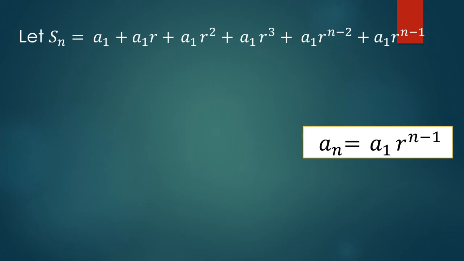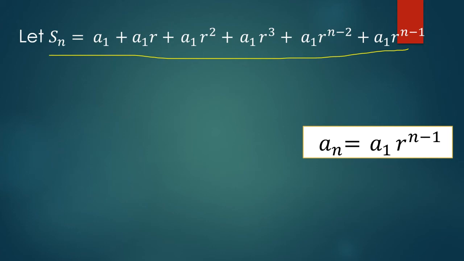Let us now try to determine the formula for the geometric series. We know that the equation for the geometric series is this one. We have discussed previously already why the equation of the geometric series is like that.